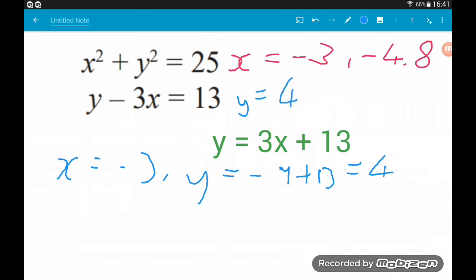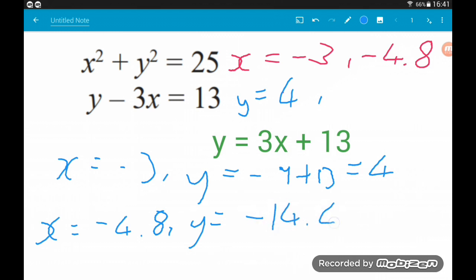So when x is minus 3, y is positive 4, or when x is minus 4.8, y is equal to 3 times minus 4.8, which is minus 14.4. Add 13.